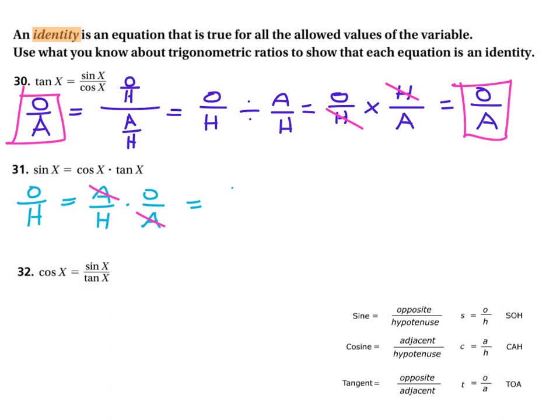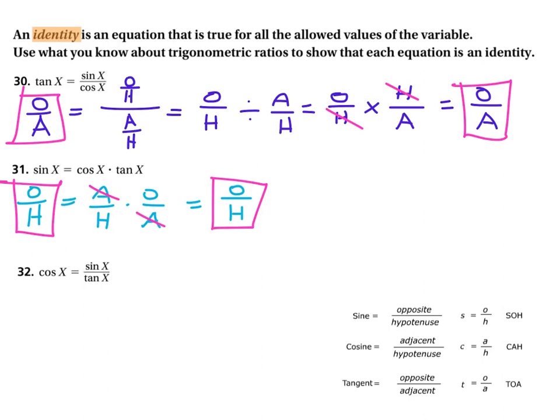And what do we get as a result? We get opposite over hypotenuse, which is exactly what sine of x is. So when you take cosine of x times tangent of x and cancel the a on the top and the a on the bottom, you get opposite over hypotenuse. That's what they're talking about.